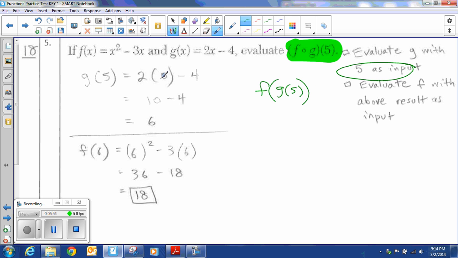So you plug in 5, you end up with 10 minus 4, which is 6. We take 6, and this is the input for f. We plug it into this function, and 6 squared minus 3 times 6 is 36 minus 18, which is 18.